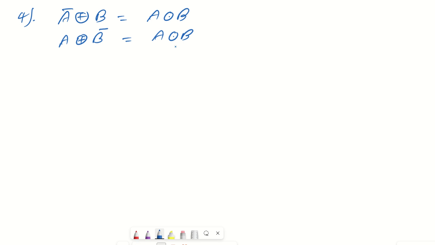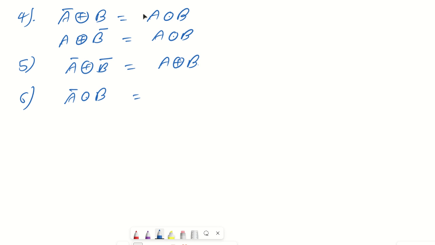Now let us say I talk about A bar XOR B bar. This is going to give me A XOR B, okay. And the next one, A bar XNOR B, just like A bar XOR B, is going to give me A XOR B. So this is very important, okay.